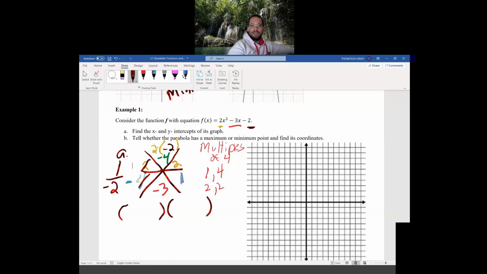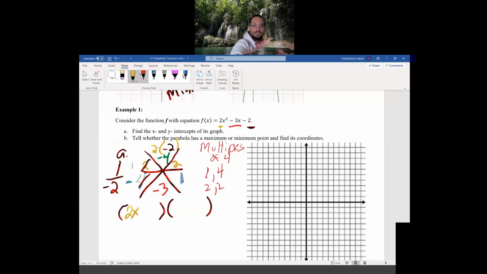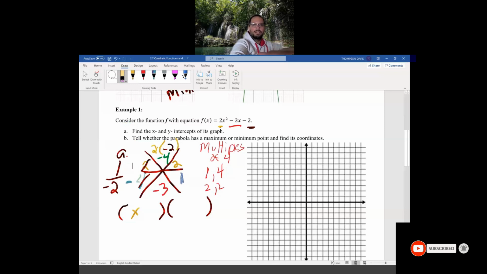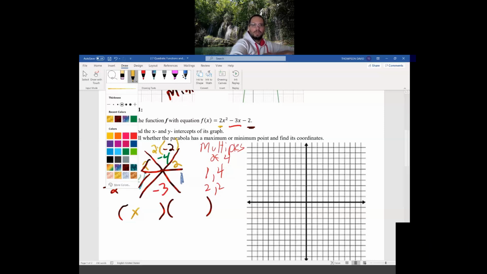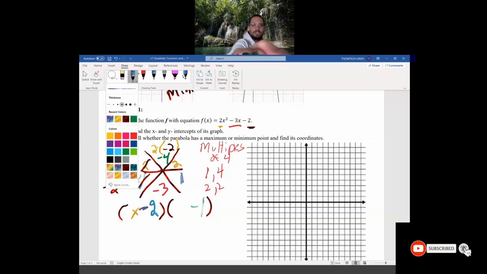So we'd end up with x minus 2. And then we have 2 over 1. We can't do anything with that. So our other factor will be 2x minus 1. And we're done factoring.